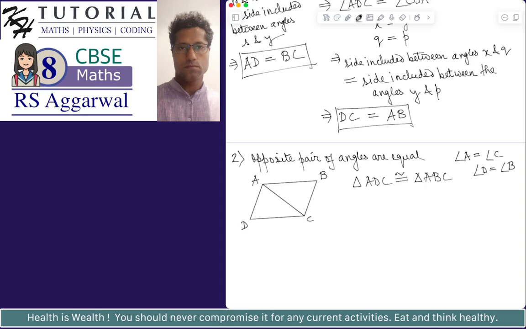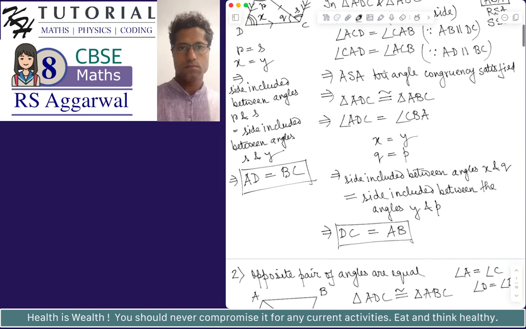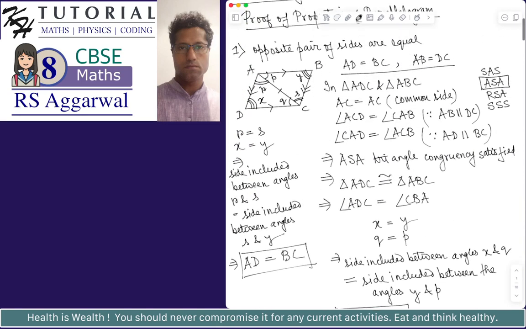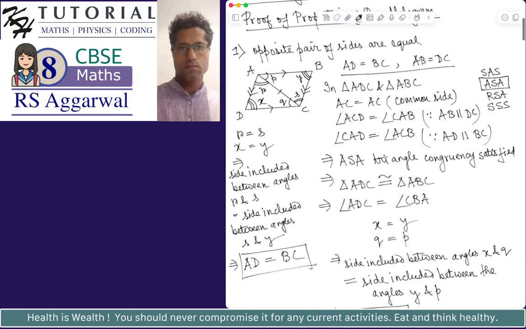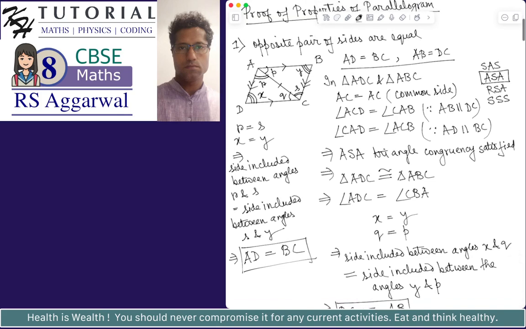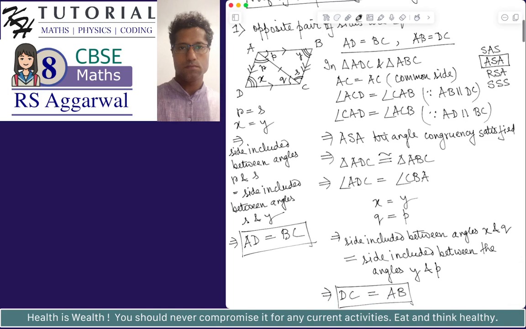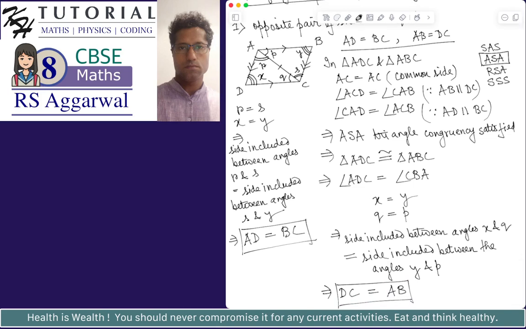Now, since triangle ADC is congruent to triangle ABC, by the way, it is very important that while mentioning the congruence relation between two triangles, you name the triangles properly. I did not notice that. So I said that triangle ADC is congruent to triangle ABC.